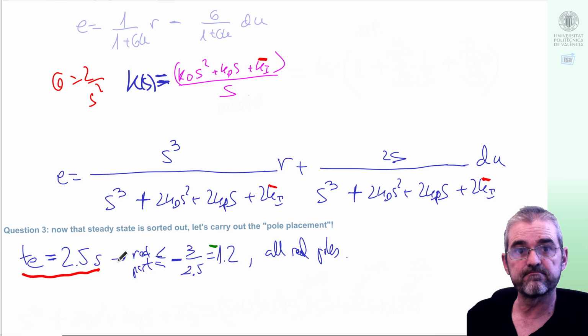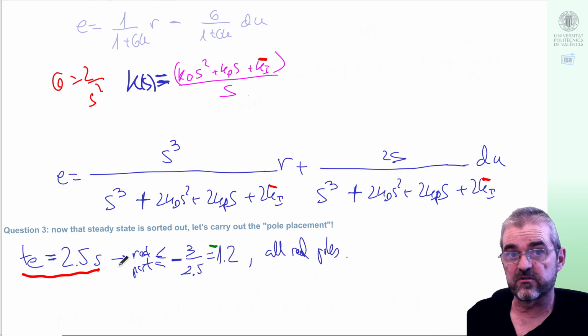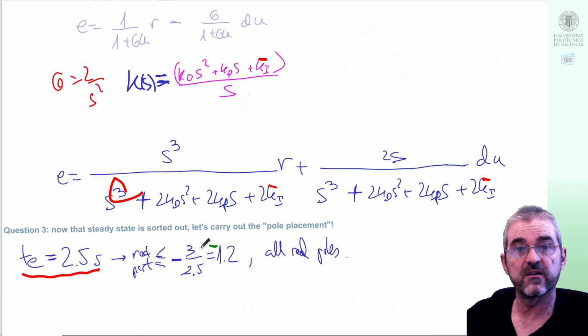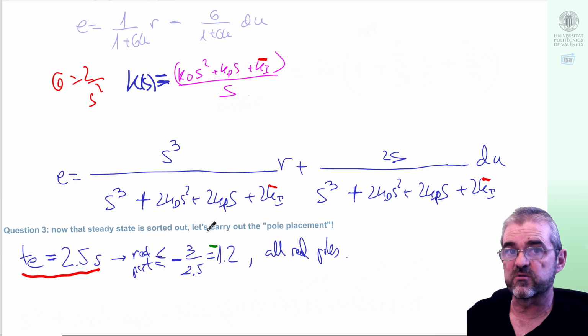But just be aware that this 3 over settling time comes from a first order formula, and this system is third order. We have here a cube. So maybe when we simulate, things will be a bit slower than expected because we have 3 poles instead of 1.